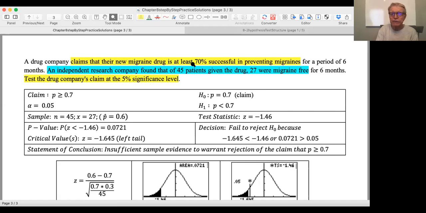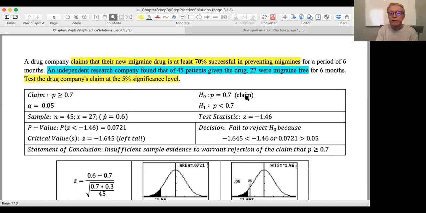What does at least mean? That means that number or more, so greater than or equal to. So there's our claim, and notice it has an equals part. So the claim, H0, is going to use the same parameter and the same value, P and 0.7, and the null is always equal.